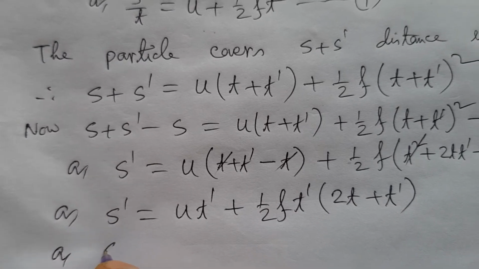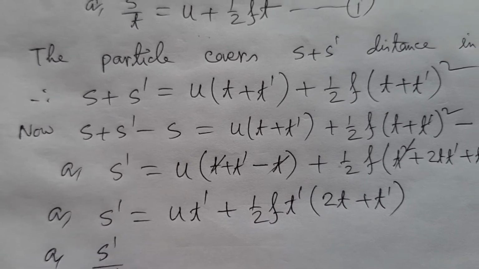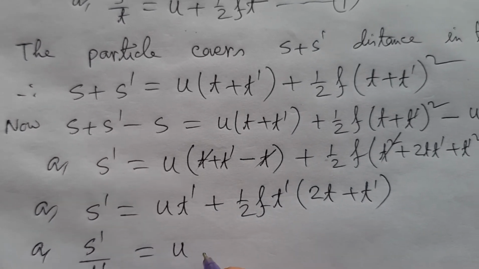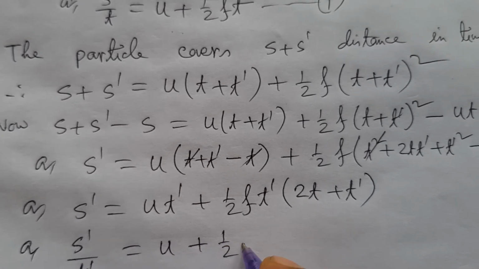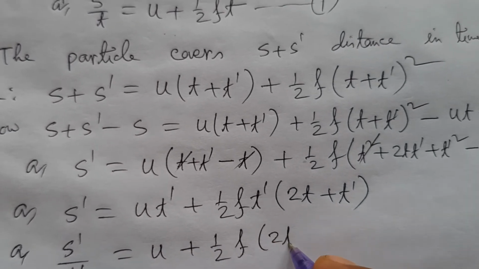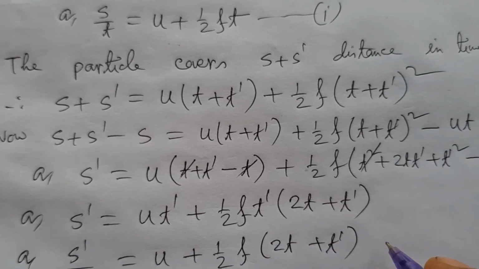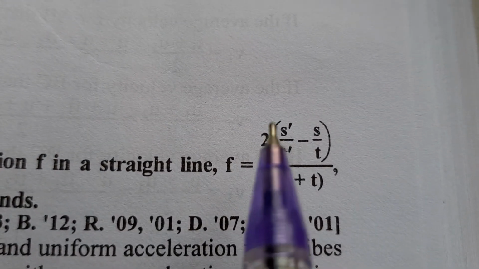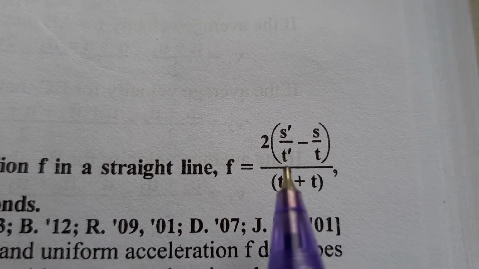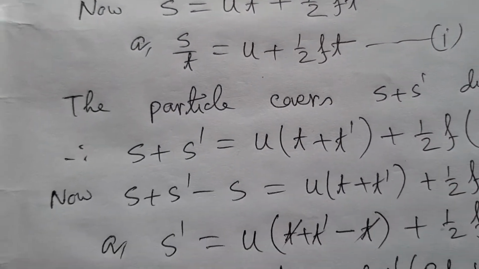Now if we divide both sides by t prime, we get on the right side u plus half of f into twice t plus t prime. This is equation number 2. In the proof we need s prime by t prime minus s by t. So we subtract equation 1 from equation 2.